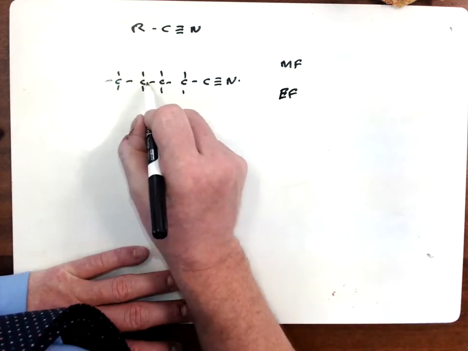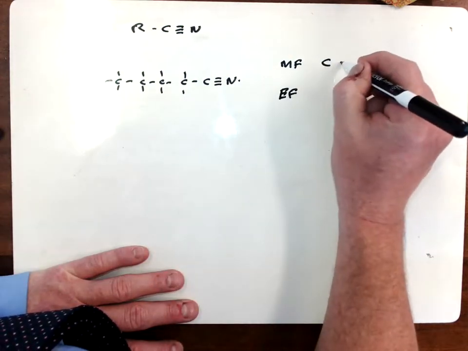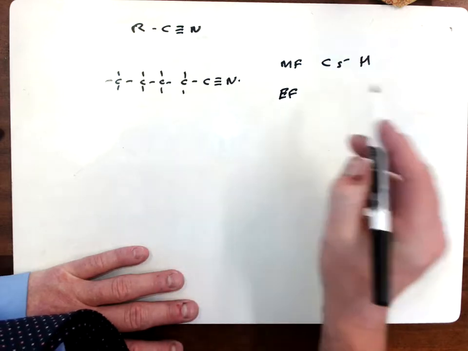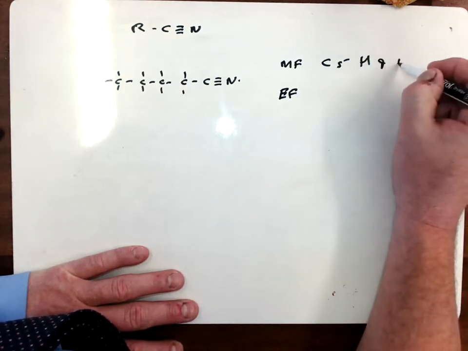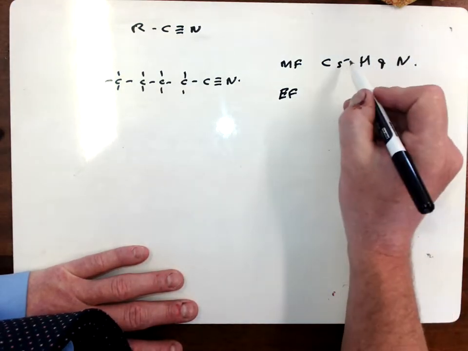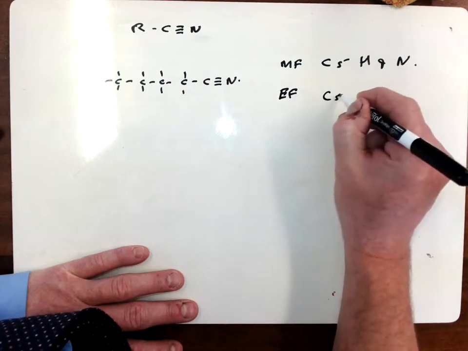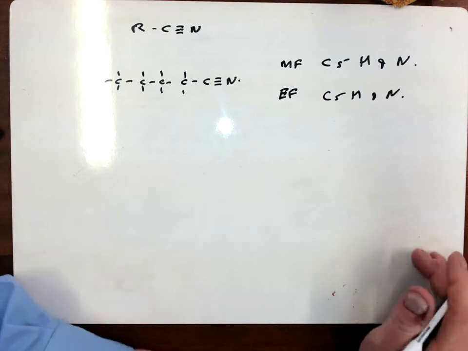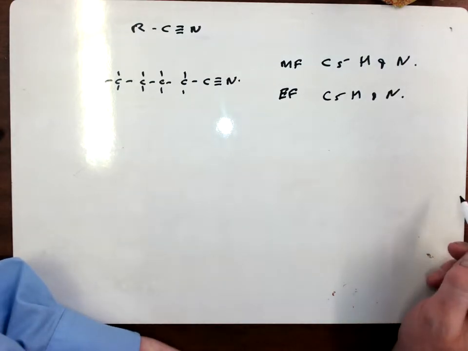We have 1, 2, 3, 4, 5 carbons, we have 9 hydrogens, and we have a little nitrogen on its own. Because we have one nitrogen, it cannot be reduced any further. So empirical and molecular are once again the same.